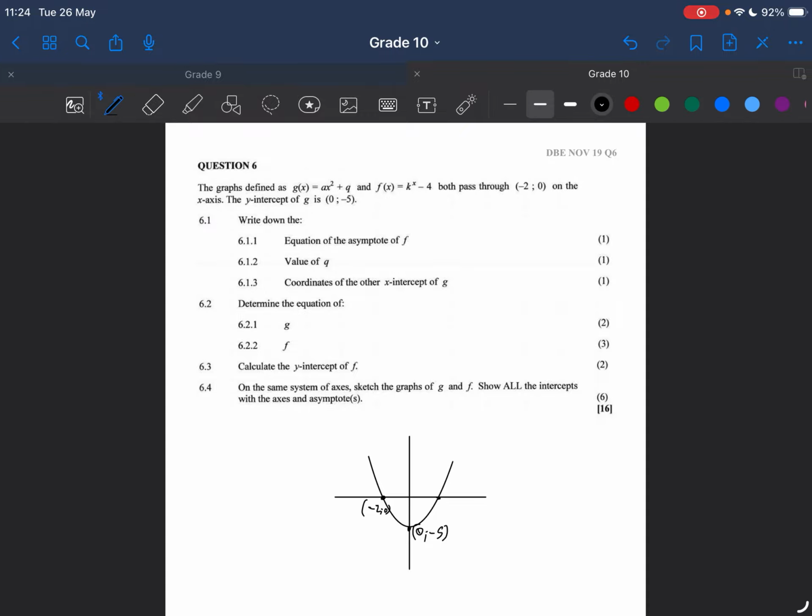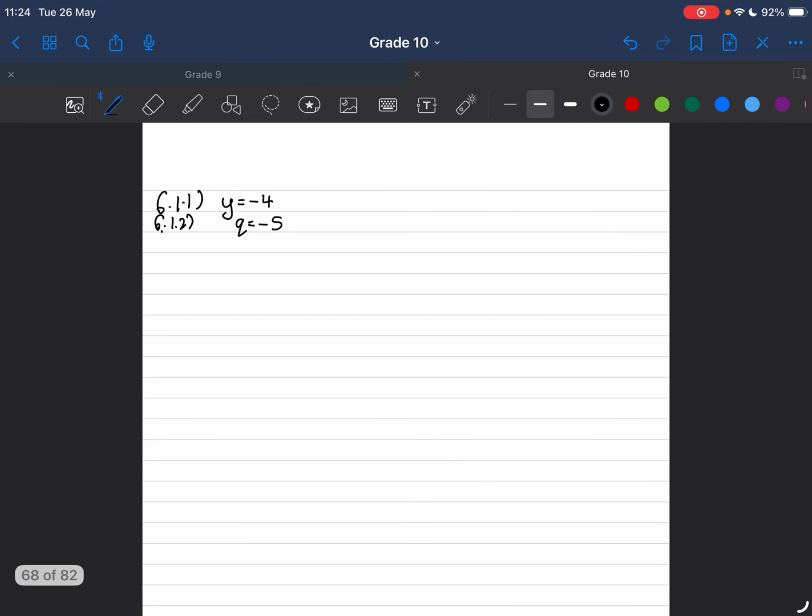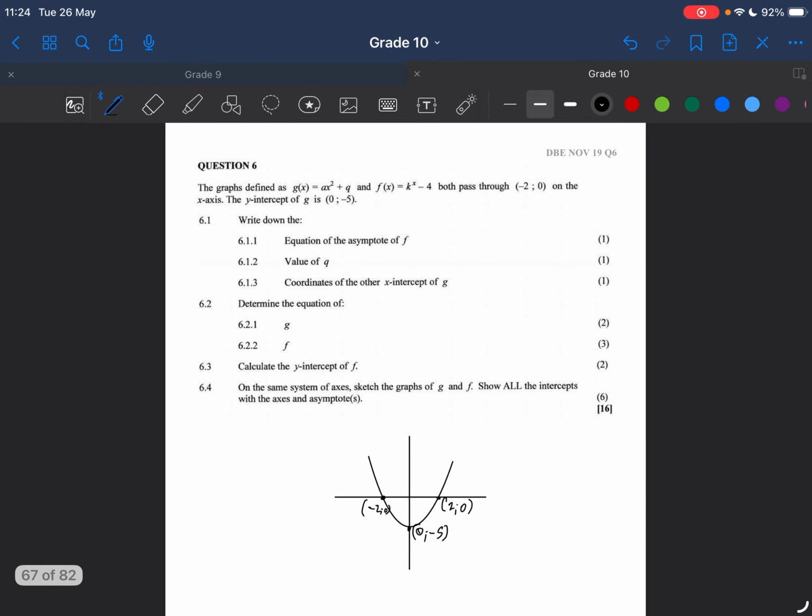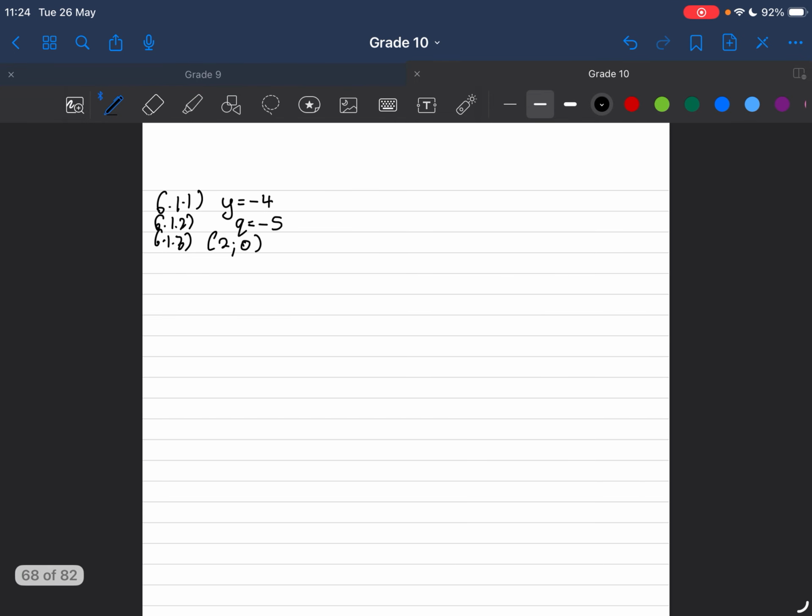We can also think of symmetry, where the graph is cut in half. So if the one side has -2 and 0, this has to have 2 and 0. So the coordinate of the other x-intercept of g is going to be 2 and 0.